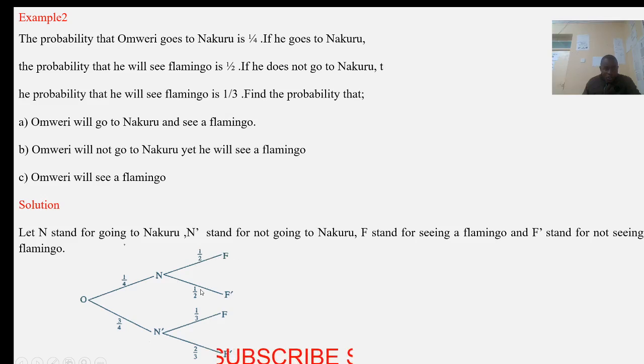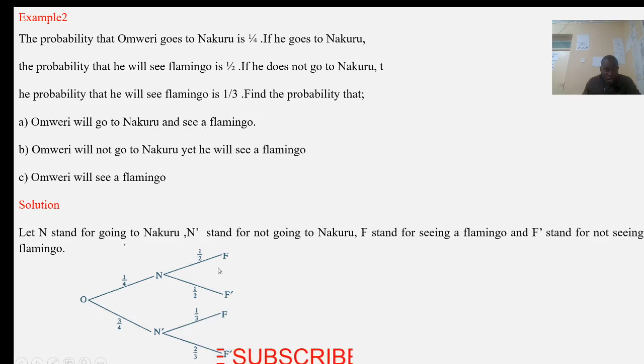Not seeing a flamingo is also a half, to make 1. If he does not go to Nakuru, the probability that he will see a flamingo is a third, meaning that not seeing a flamingo is 2/3.